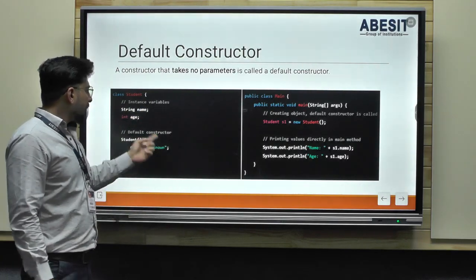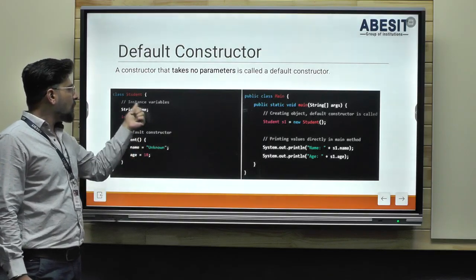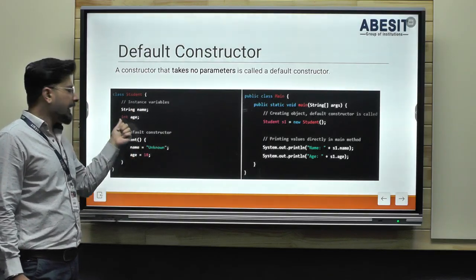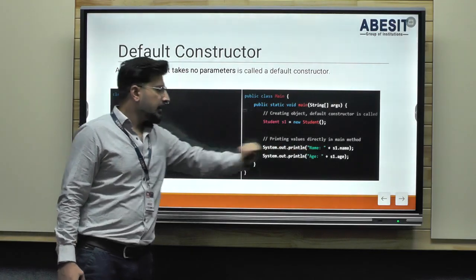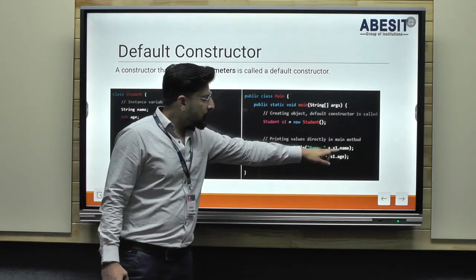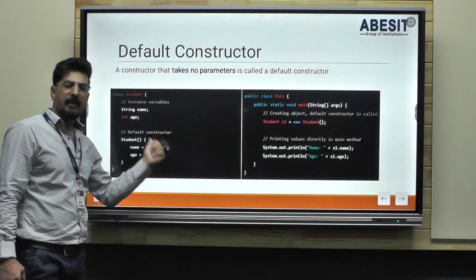So what the constructor does is it initializes the values. If in that case you want to print that string name and int age in your main method itself, these two values, as dot name and as dot age, will be taking the values from the constructor itself.